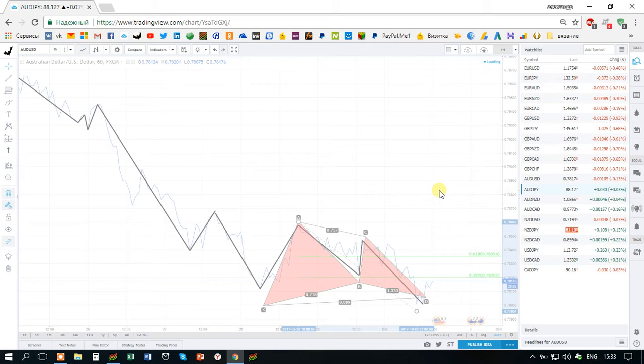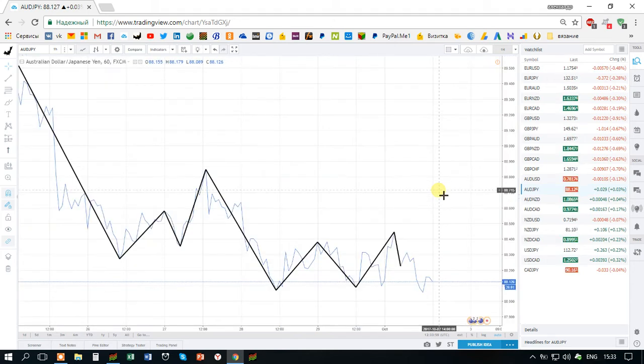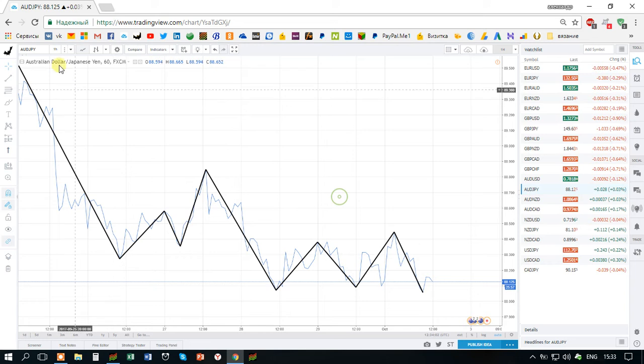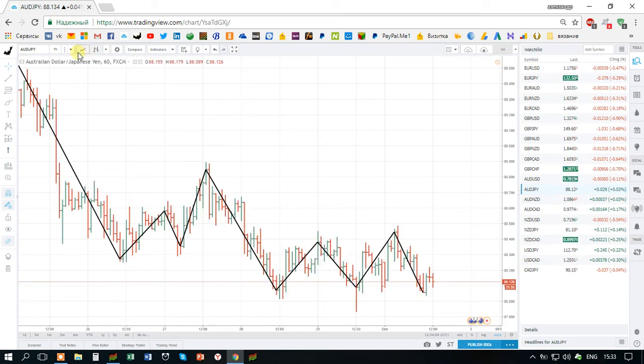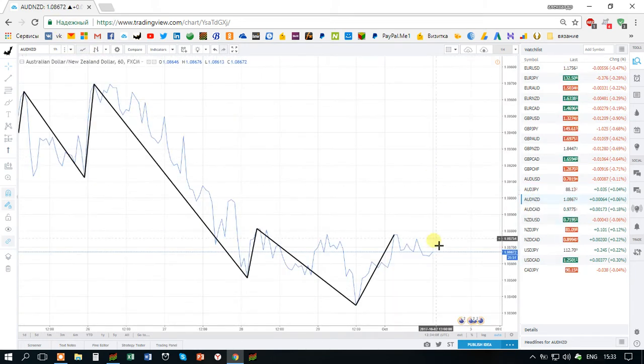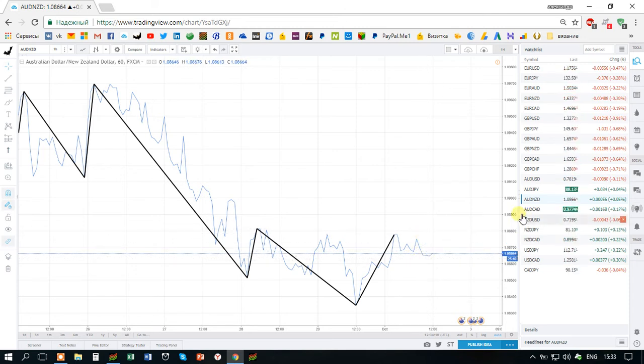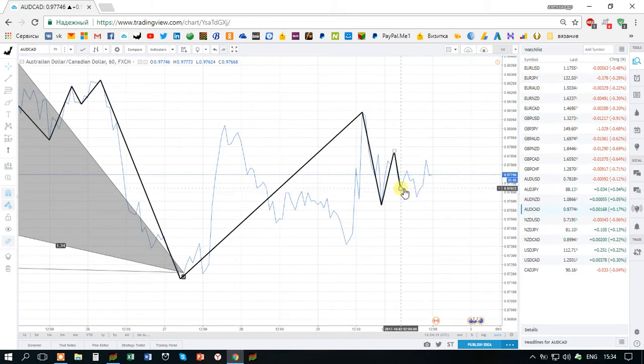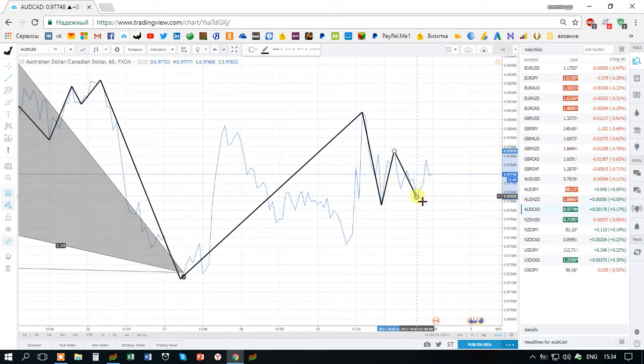Aussie dollar. Aussie yen is the next pair. The swing moves lower. Do we have a pattern? Nope, we don't have a pattern. Aussie New Zealand, no changes. Aussie Canadian, we have a swing continue lower, and then we have a swing continue higher.